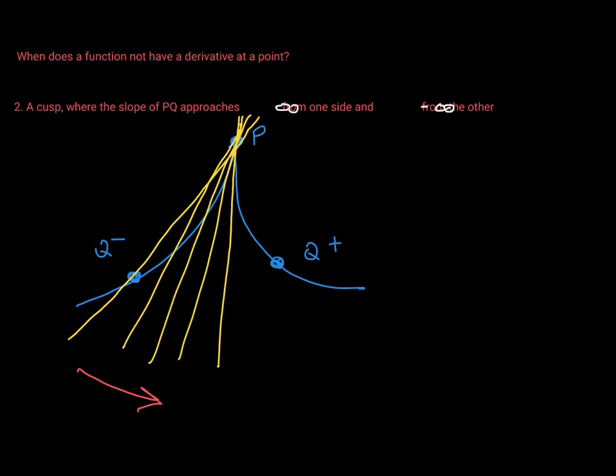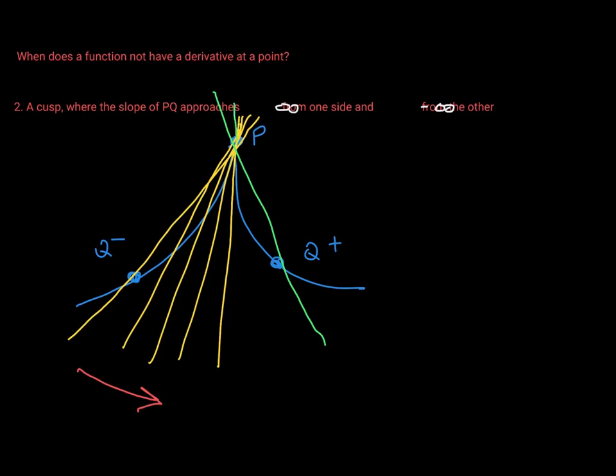Whereas from the other direction, these slopes here, from left to right, of course, these slopes are positive, so they're going toward positive infinity. But from the right, something else is happening, right? As Q approaches P from the right, there's your secant line. That slope is negative, right?